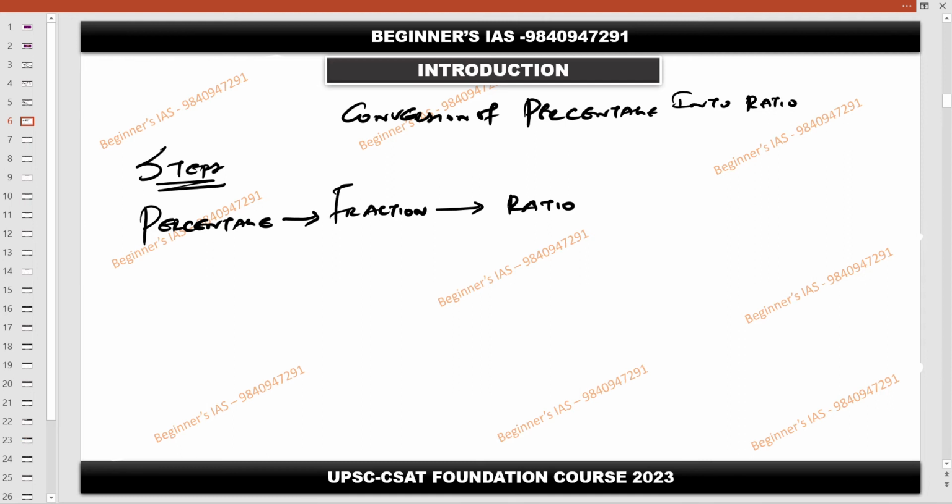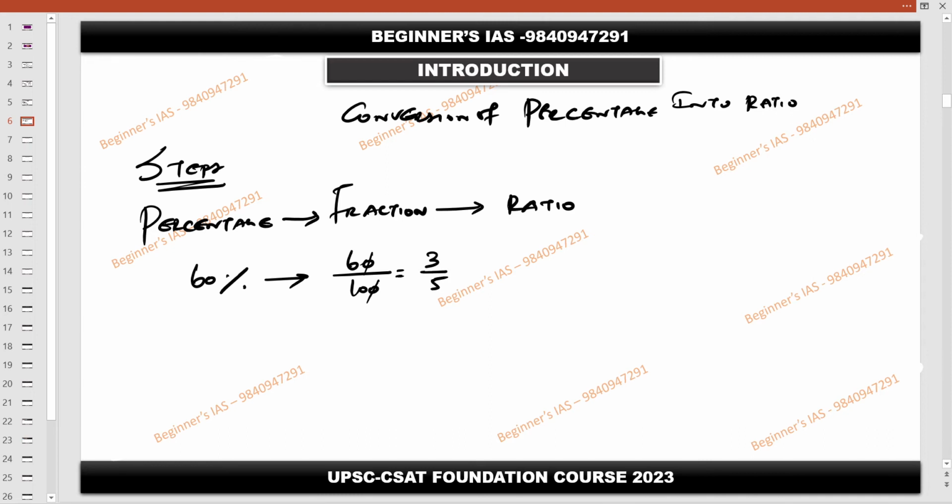For example, 60 percentage. How to convert it in terms of a fraction? 60 by 100. So 10 gets cancelled here. Then the simplest form is the fraction 3 by 5.